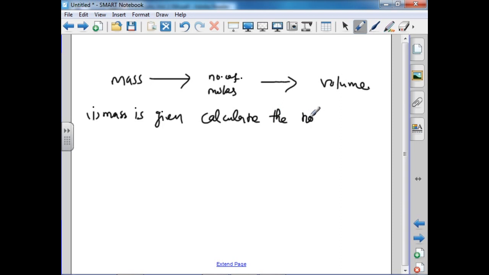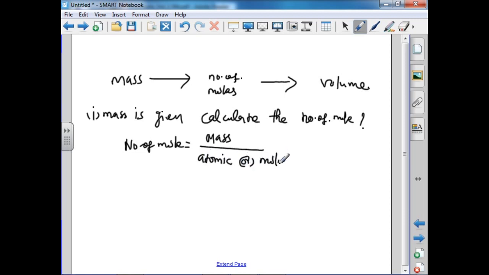The formula: number of moles equal to the given mass divided by atomic or molecular mass.